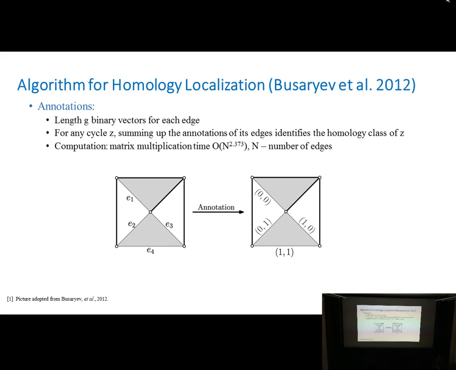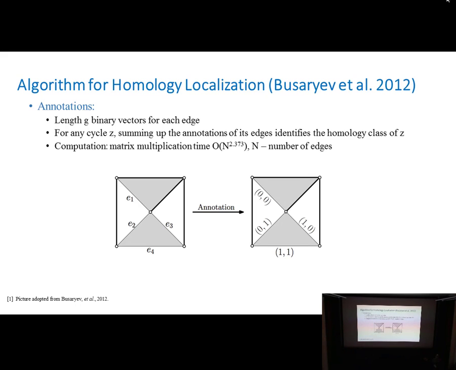The idea follows the annotation. First of all, we try to annotate the edges of a simplicial complex. Each edge will be given an annotation which is a length g binary vector, and that signals how this edge is relevant to the homology basis.